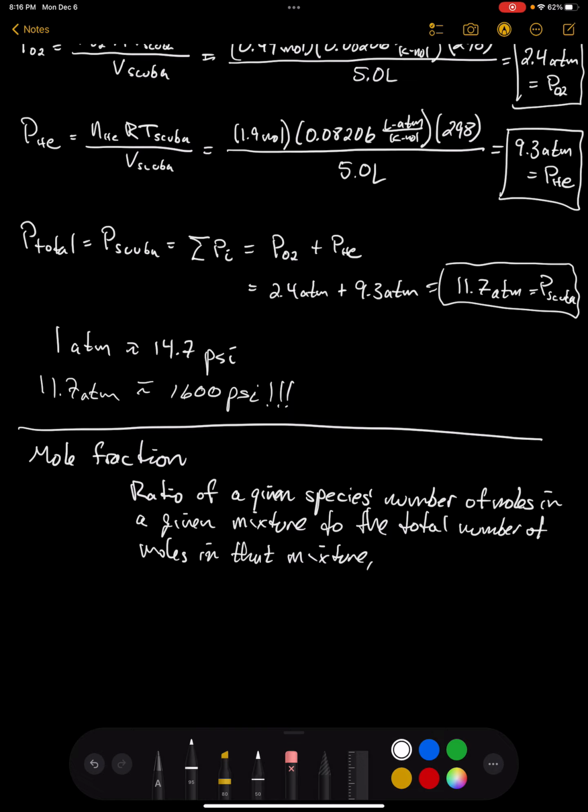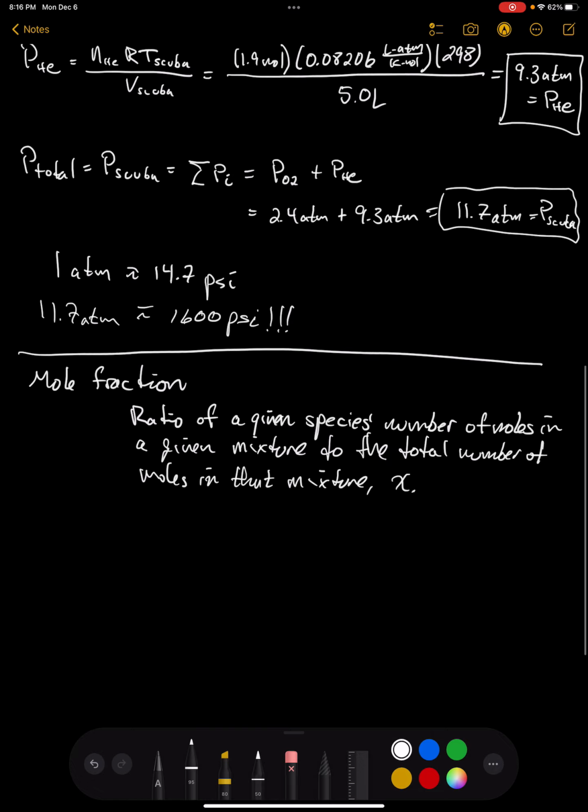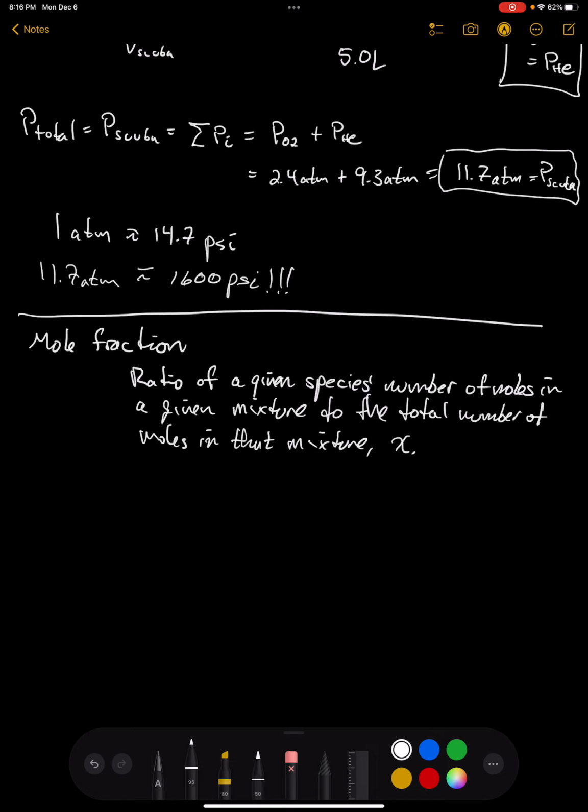And we use the letter X to indicate mole fraction. So mathematically, taking this language and converting it into a math expression, we can say that the mole fraction of species I, okay, that's the given species part, is equal to the number of moles of that species divided by the total number of moles in the mixture.